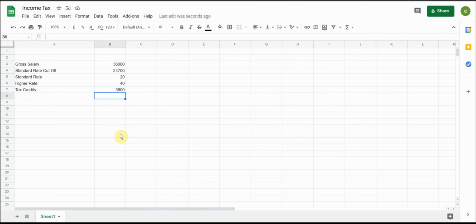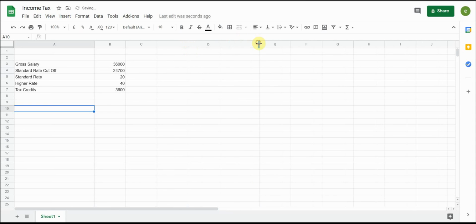So I'm going to play around with it here and we'll see what we can do. Our gross salary is 36,000 and our standard rate cutoff is 24,700. So we immediately want to find 20% of 24,700. I'm going to put that in here, and I'm going to call that tax at standard rate equals.